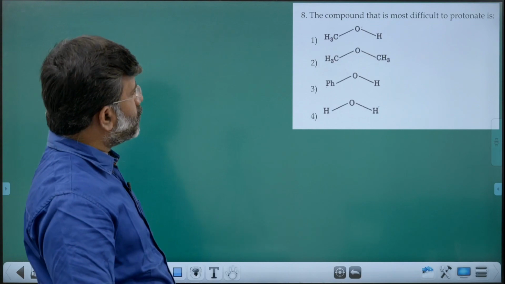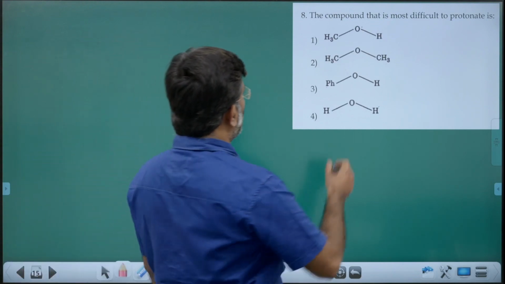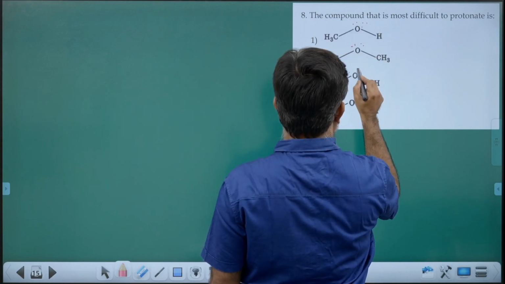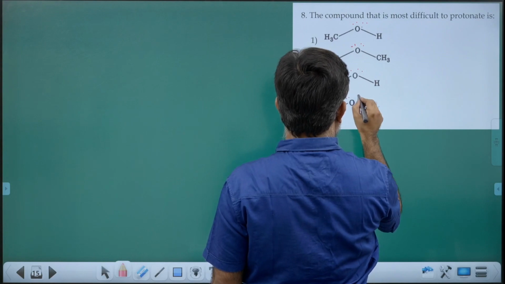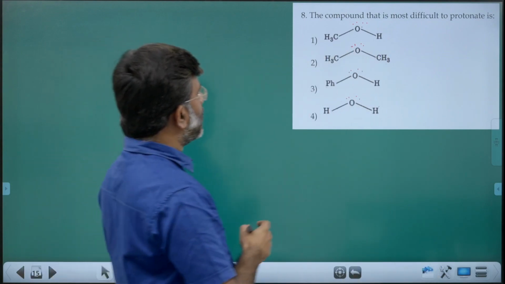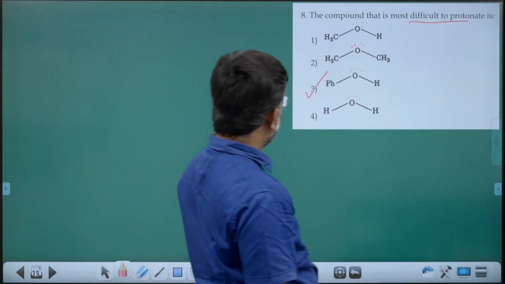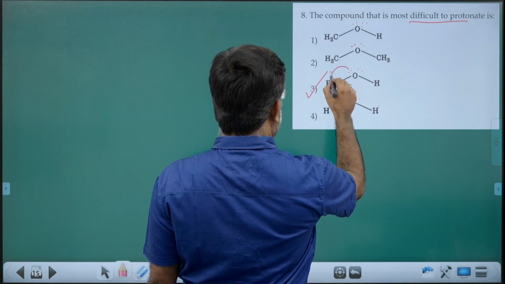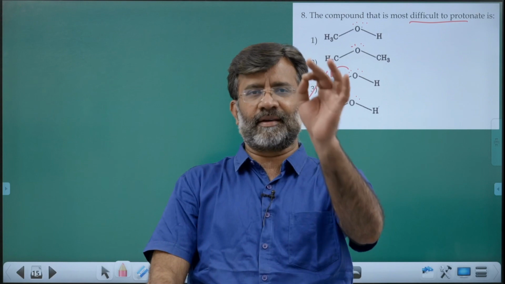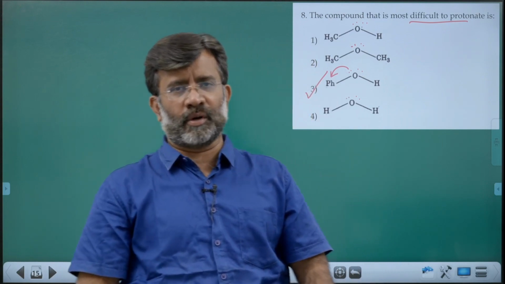Compound that is most difficult to protonate. All are carrying two lone pairs of electrons on the oxygen. The one difficult to protonate is the third choice, because these electrons are under resonance with the phenol ring and are less available for protonation.